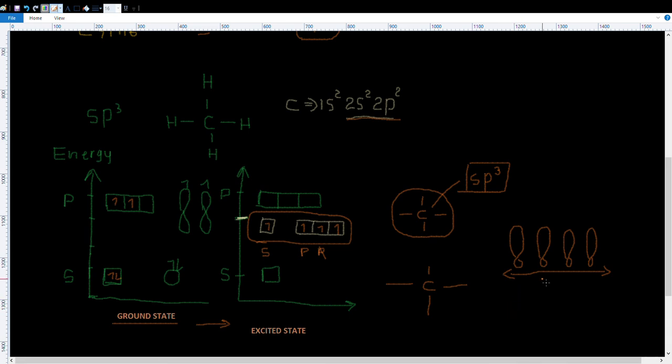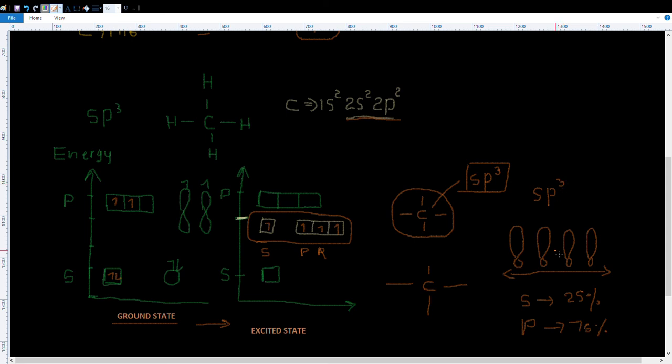The other important fact is this has 25% s orbital character and 75% p orbital character. I hope now you understand how these bonds have identical lengths, why they are saturated, and how we obtain this sp3 carbon atom.